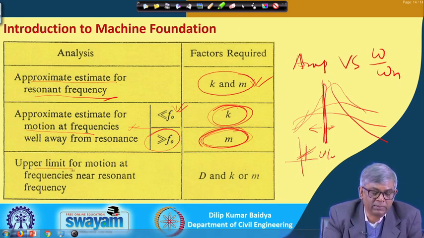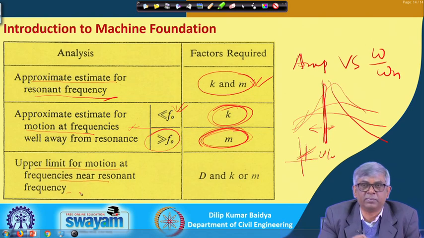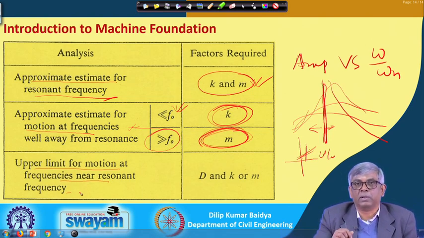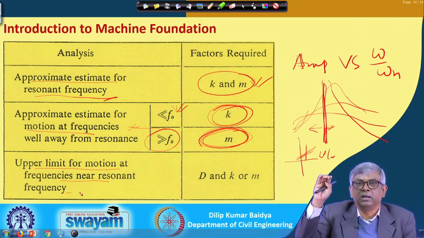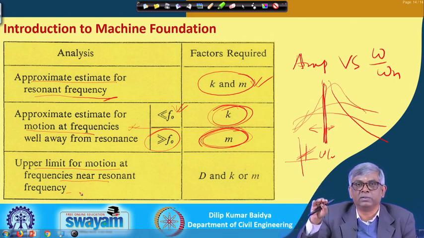And for the upper limit of motion at frequency near the resonant frequency, damping is the most important. If you put 0 damping, it is theoretically infinite. If you put 1% damping, it is significantly reduced and becomes a finite value. If you go to 2%, 5%, 10%, it is reduced further.